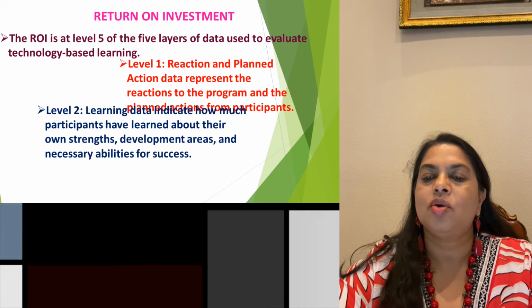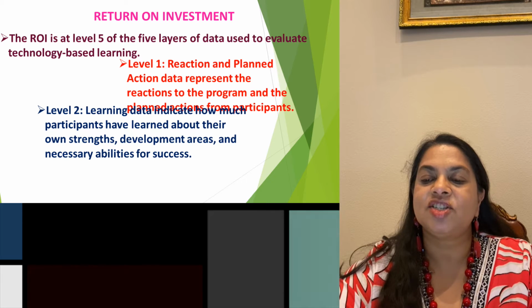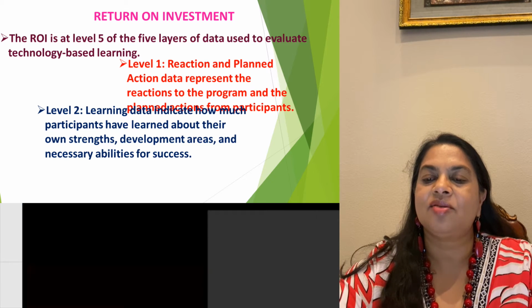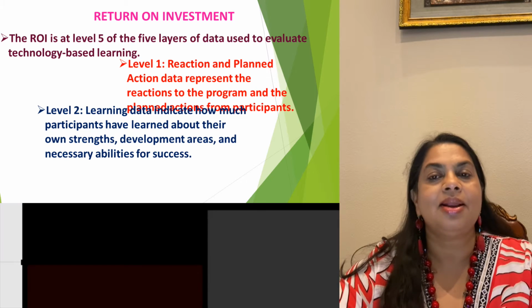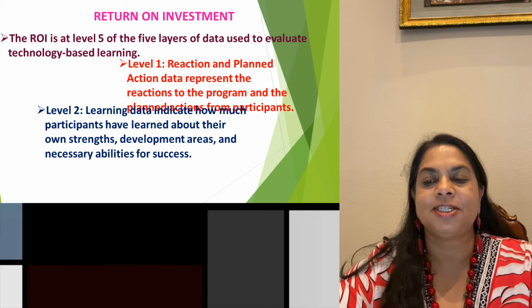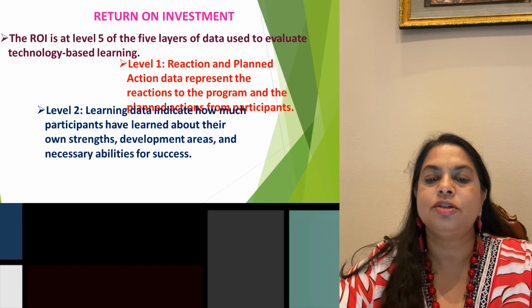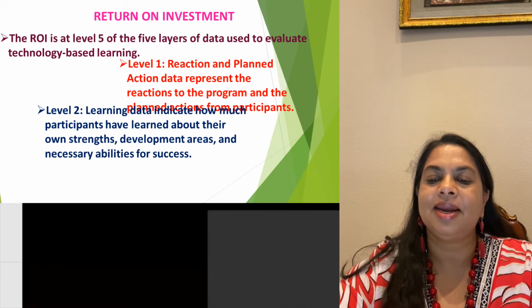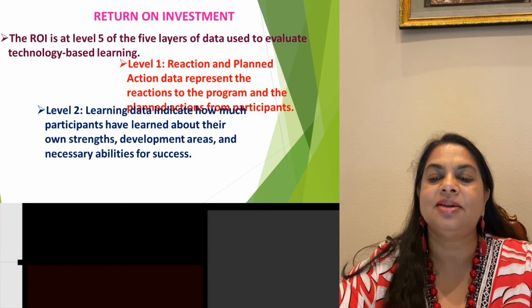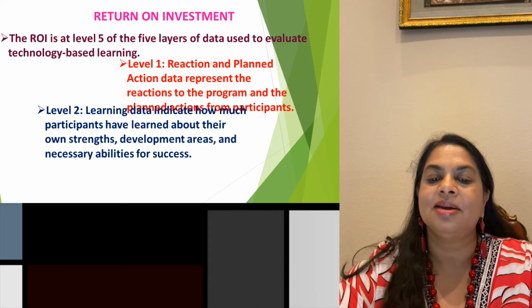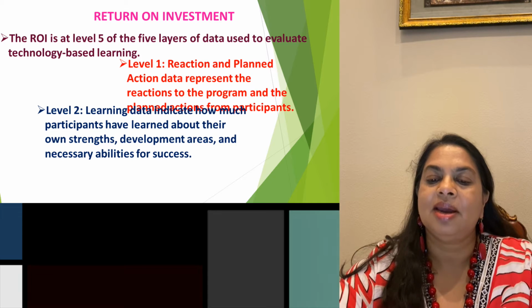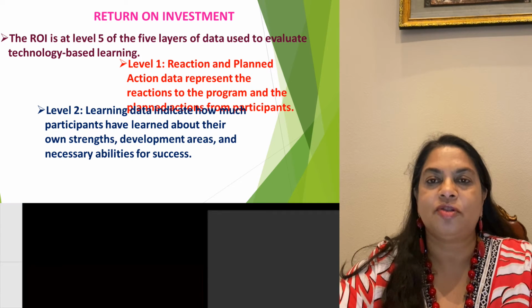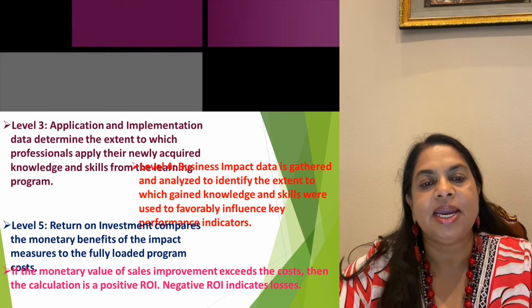Level 1. Reaction and planned action data represent reactions to the program and the planned actions from participants. Level 2. Learning data indicate how much participants have learned about their own strength, development areas, and necessary abilities for success. Level 3.